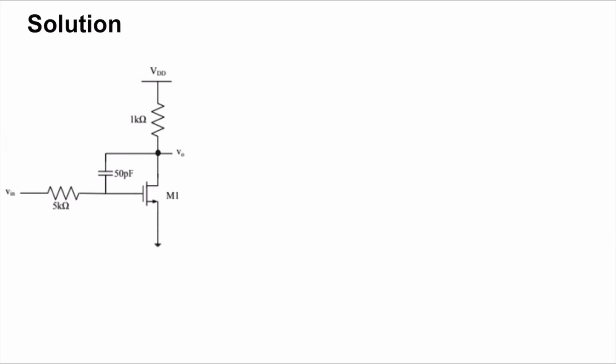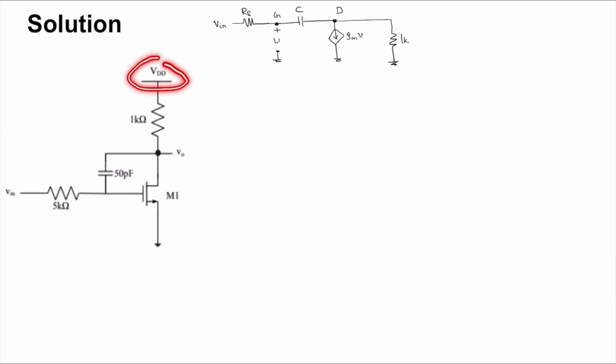So first, let us derive a relationship between V0 and Vi. To do that, I will first get the small signal model for this circuit, going to ground because in small signal we ground the DC sources.